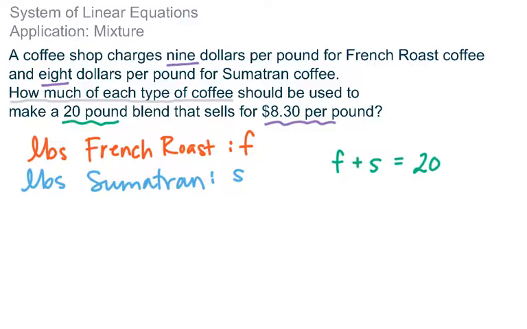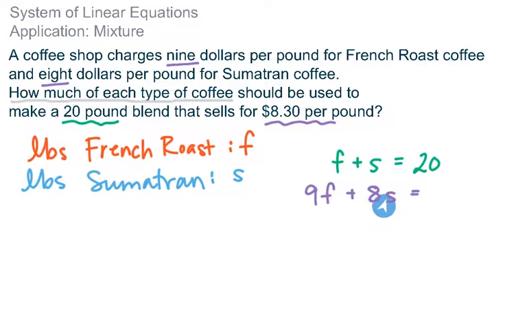So we'll say that 9 times the French roast plus 8 times the Sumatran. And what is that going to equal, right? Is that going to just equal $8.30? Well, let's think about our units here. For example, F represents pounds, plus S represents pounds. So pounds plus pounds equals 20 pounds. So all of my units were the same.